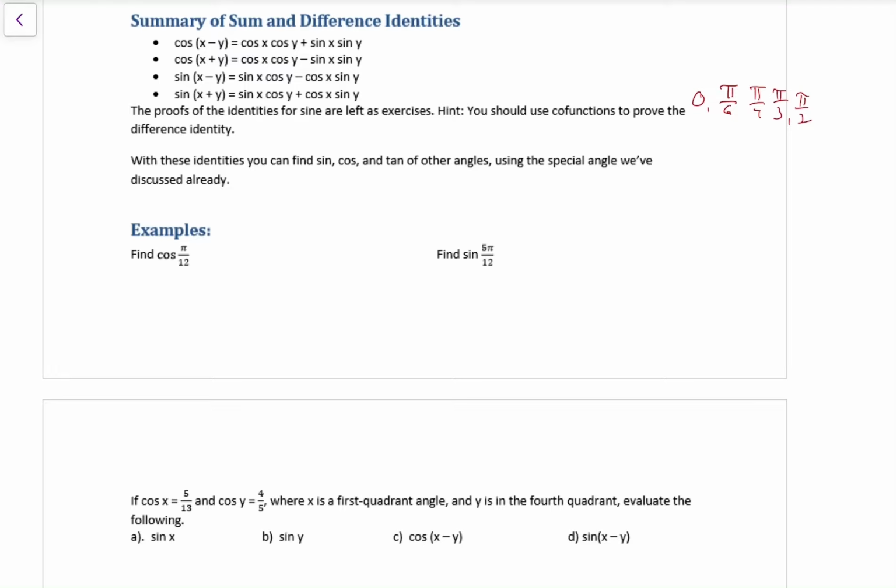So what we end up doing is using the sum or difference identities along with sine, cosine, or tangent of some of the angles that we are already familiar with. So what you need to understand here and use are fractions. And hopefully you'll get better at these.